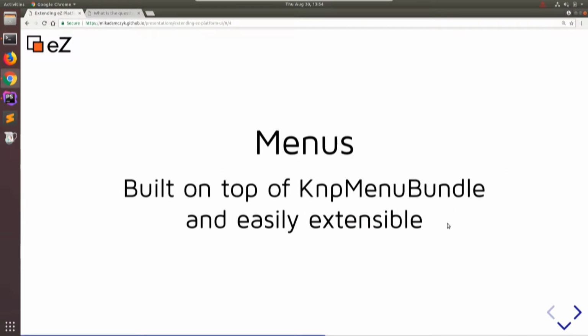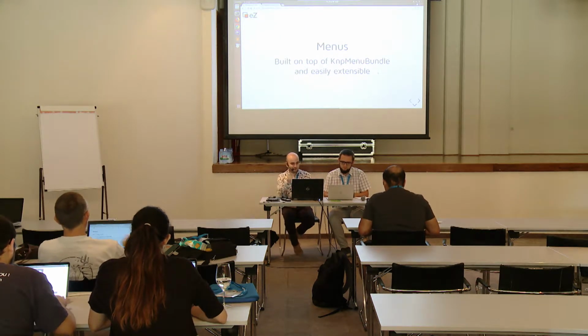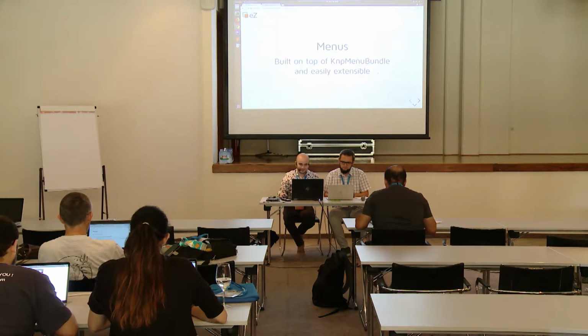Next step is menu. So it's built on KNP menu bundle, and this is easy right now. I told you lies before that the previous part would be fast, but this is.